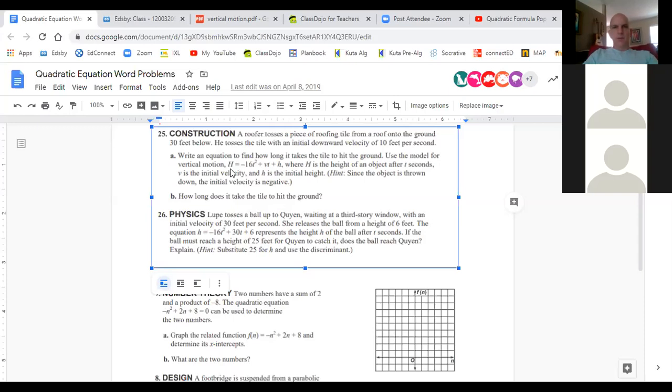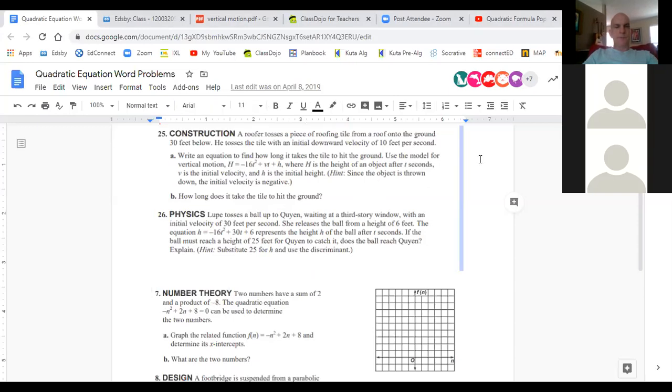So you would have 0 equals negative 16t squared, plus 10t, plus 30. So that's the equation. And then part B is how long does it take to hit the ground? That's just solving that equation. Okay, I think I get that one now.